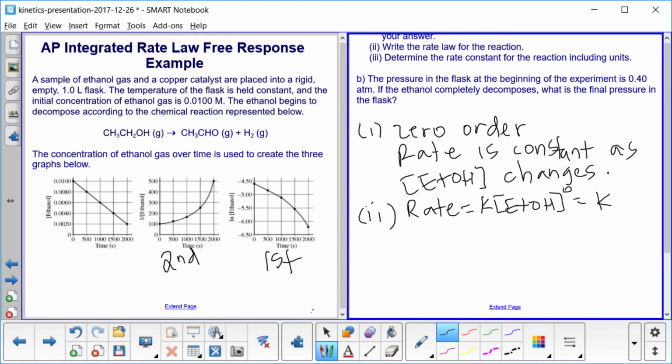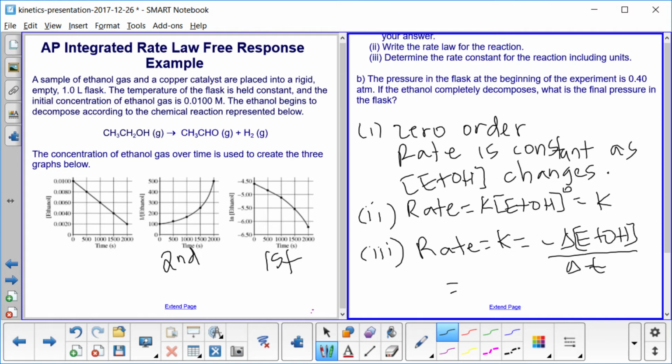Okay, number 3, or part 3. I. Determine the rate constant for the reaction, including units. Okay, so I'm looking for the rate constant. So the rate is equal to K. Remember that the rate is minus change in ethanol concentration over change in time.